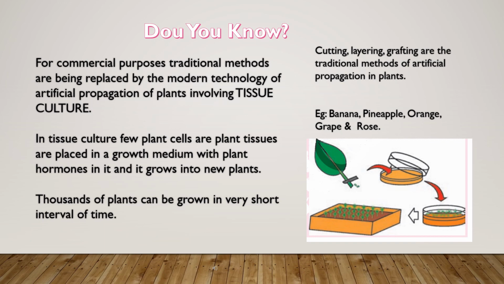For commercial purposes, traditional methods are being replaced by the modern technology of artificial propagation of plants involving tissue culture. In tissue culture, a few plant cells or plant tissues are placed in growth medium with plant hormones in it, and it grows into new plants. Thousands of plants can be grown in a very short interval of time.